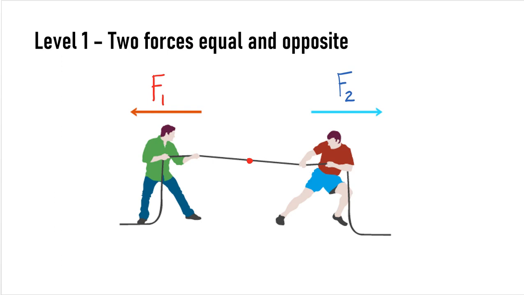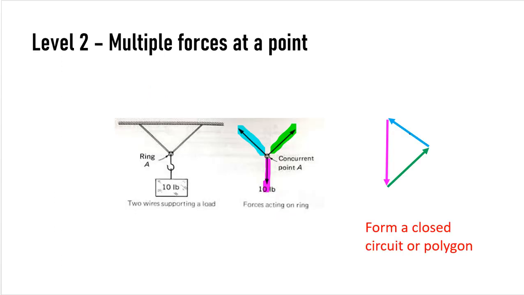Now, a step up from that would be level 2. Level 2 generalizes this idea to multiple forces acting at a point. So consider here, let's say, a 10-pound weight hanging from 2 inclined cables.